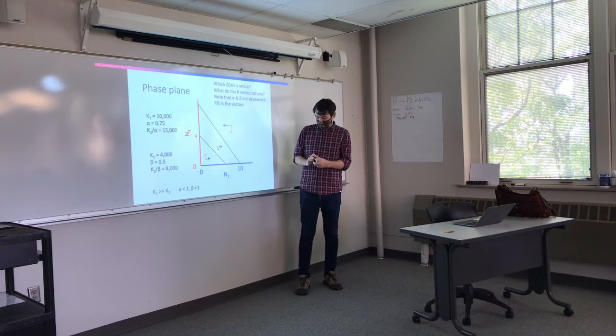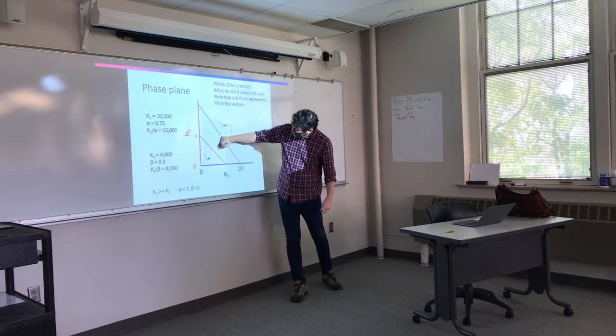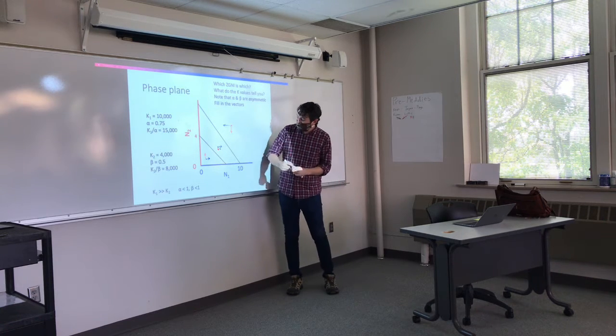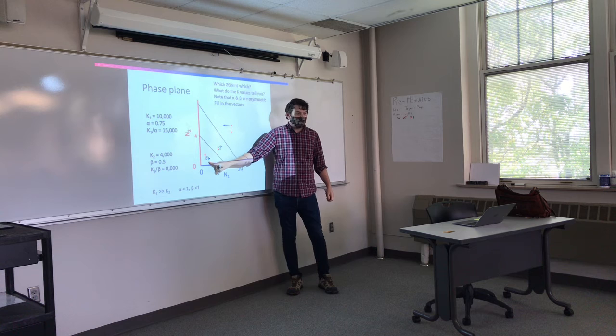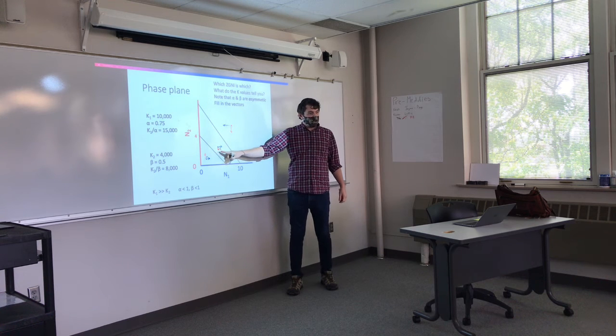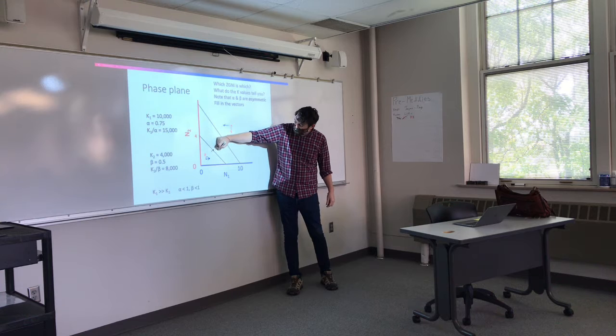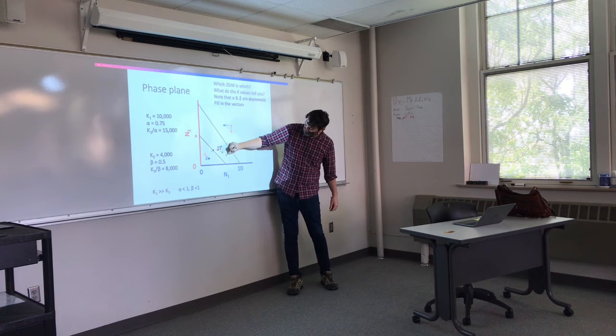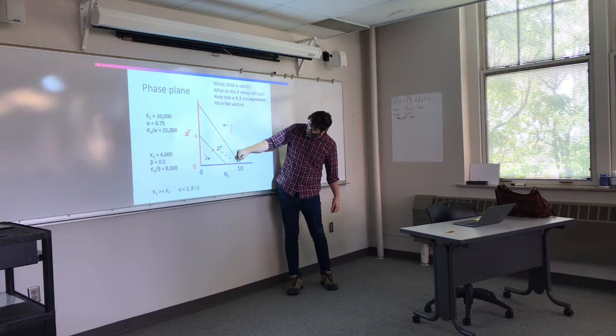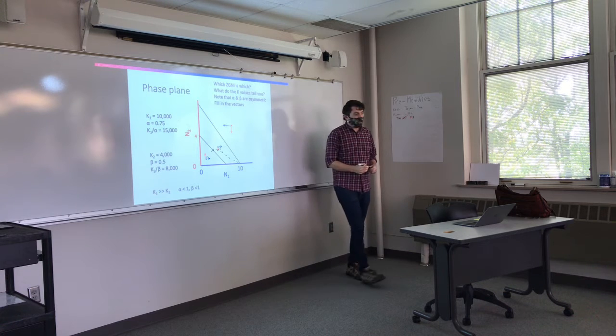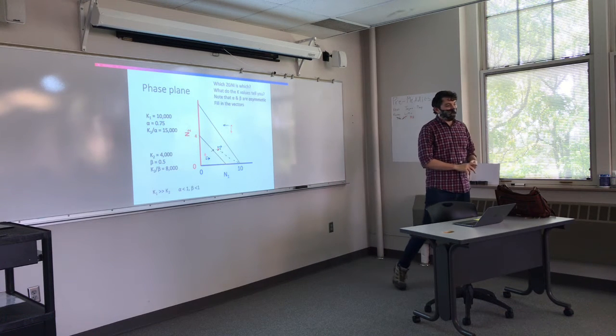Notice the combination. So in this case, what's going to happen if you start out in this scenario, both are going to increase, and eventually they'll cross this isocline, and eventually species 1 will win and drive species 2 to extinction.